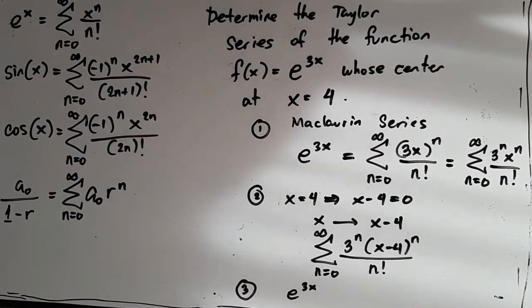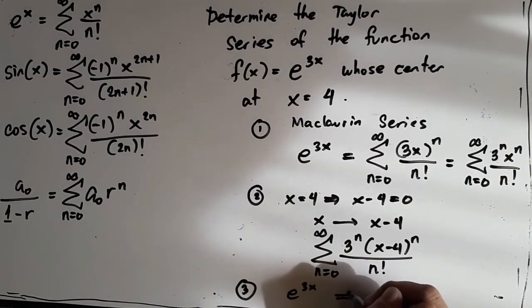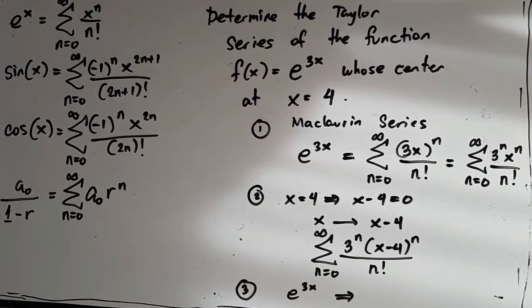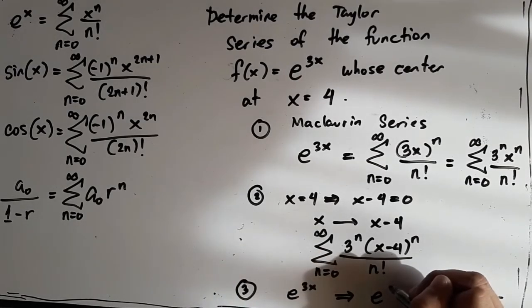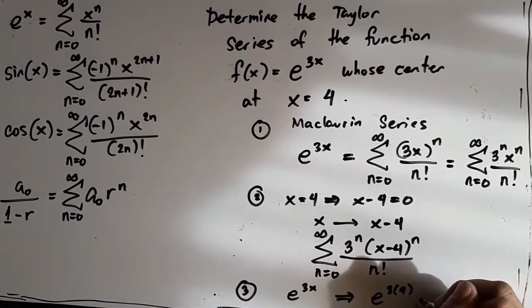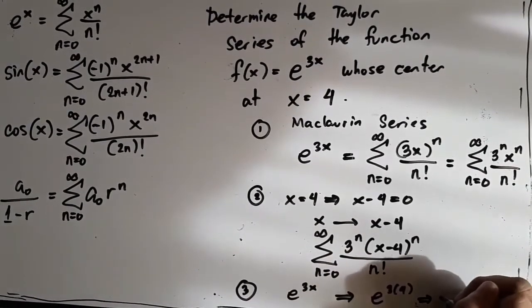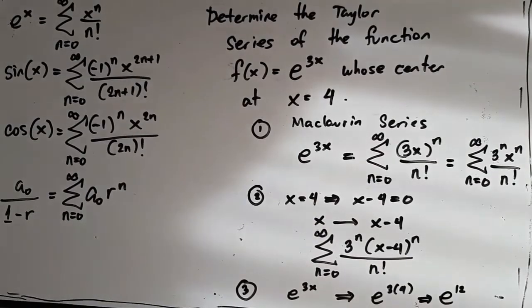What is the value of the center? X equal to 4. So now we will be substituting the x equal to 4 here, giving us an e raised to 3 times 4, giving us an answer that is e raised to 12.